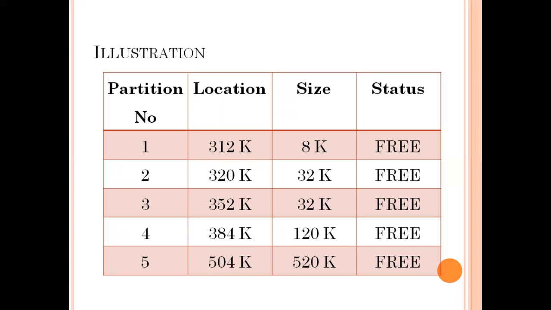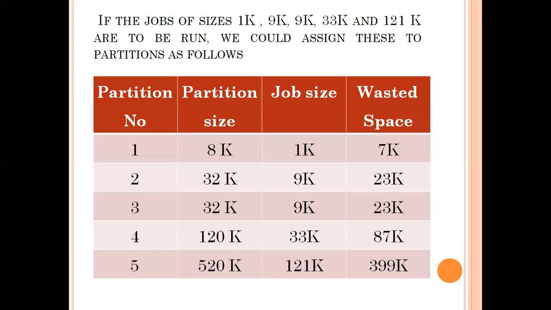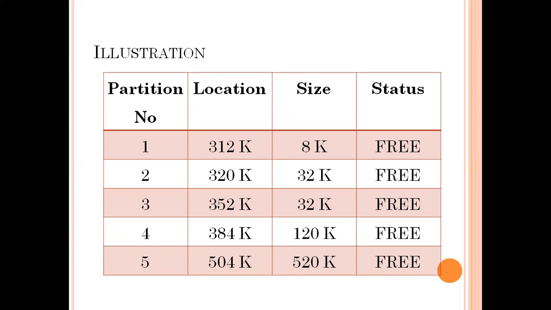To start with, the status of all the partitions is free. Now, suppose jobs arrive of size 1K, 9K, 9K, 33K, 121K. We'll see which partition is allocated for which job. The first job's size is 1K. Which partition is suitable? We can allocate the first partition.